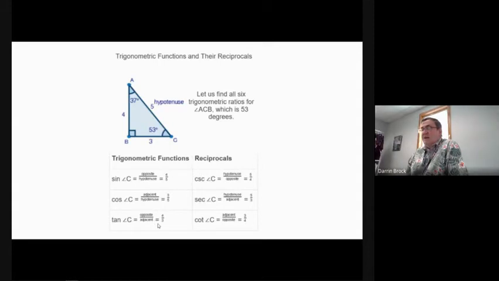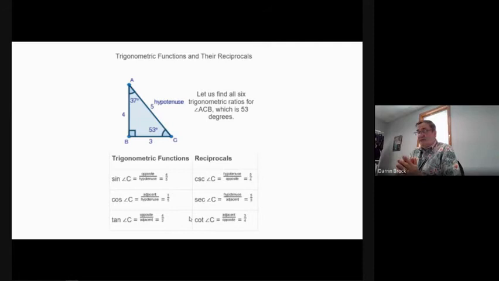And the tangent's opposite over adjacent, 4/3. Then you see the reciprocal functions. Cosecant, abbreviated CSC, hypotenuse over opposite, 5/4. It's exactly the reciprocal of the sine. Secant, the opposite of cosecant there, is a reciprocal. Hypotenuse over adjacent, 5/3 compared to 3/5. And then the cotangent, adjacent over opposite, 3/4 instead of the 4/3 that the tangent was.